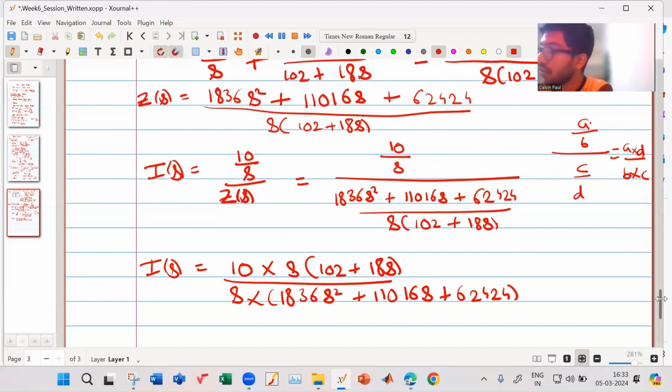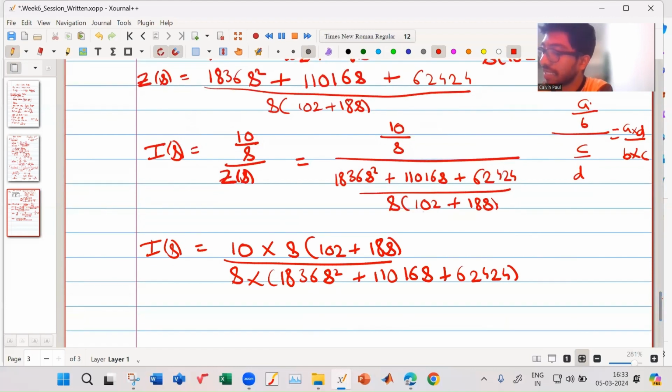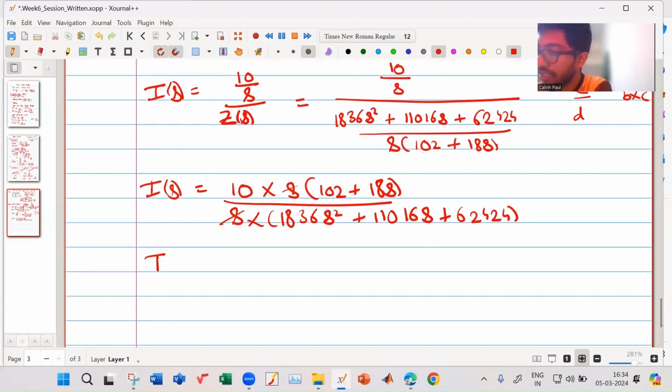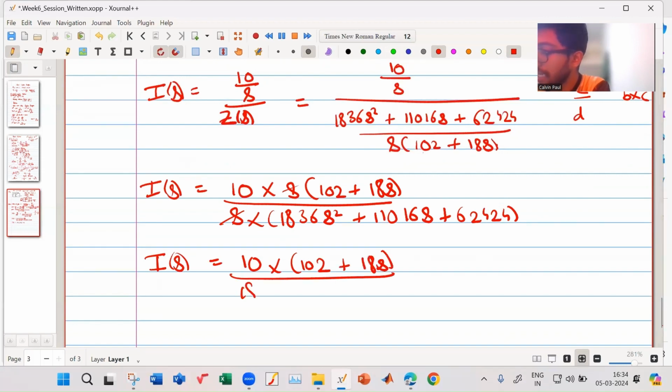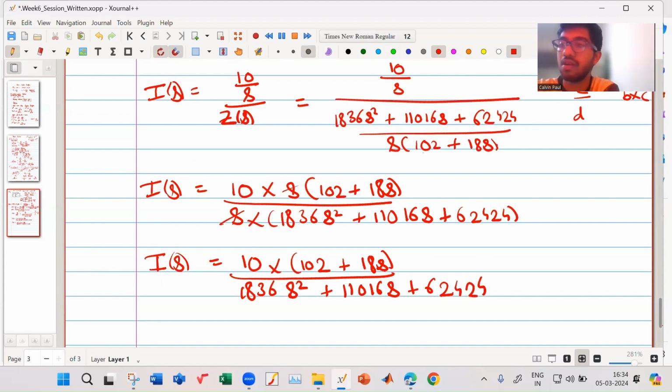We cancel S and S, so we get I of S equal to 10 into 102 plus 18S upon 1836 S square plus 11016 S plus 62424.